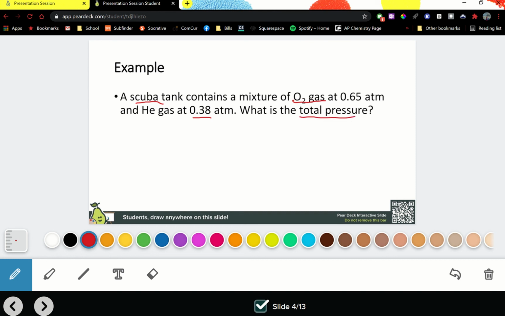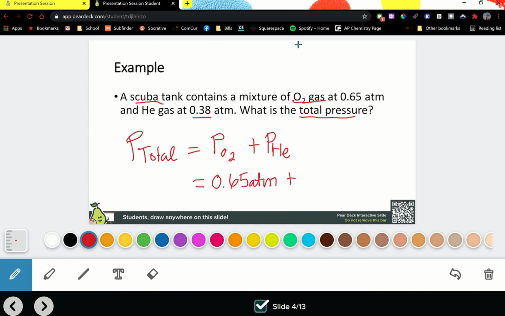So we want to know the total pressure of this. We can write that our P total is equal to the partial pressure of our oxygen plus the partial pressure of our helium. Then we can plug in our numbers. So 0.65 atmospheres. You notice that both of my units are the same.